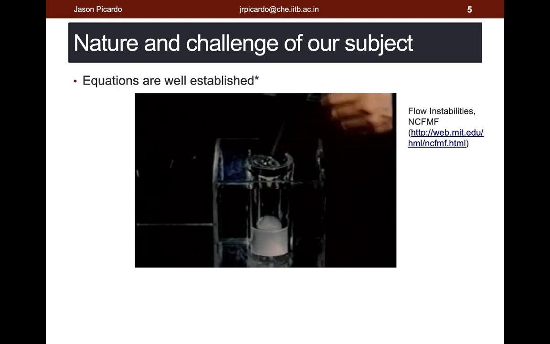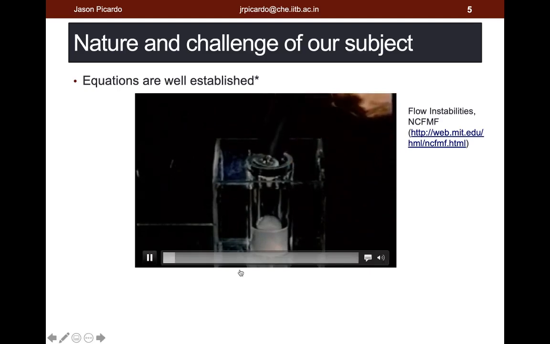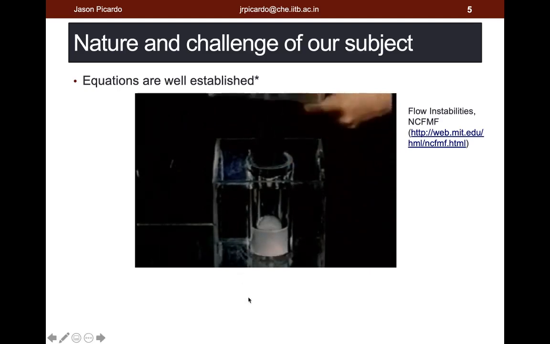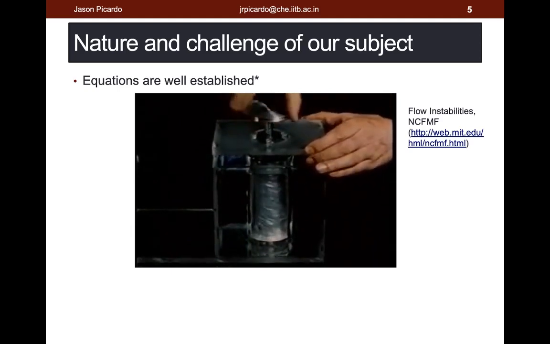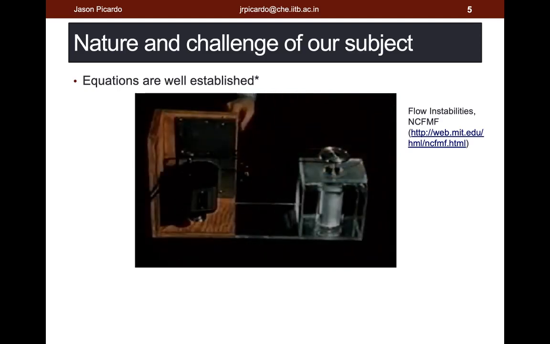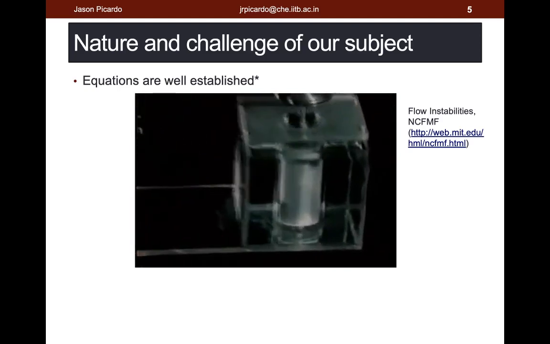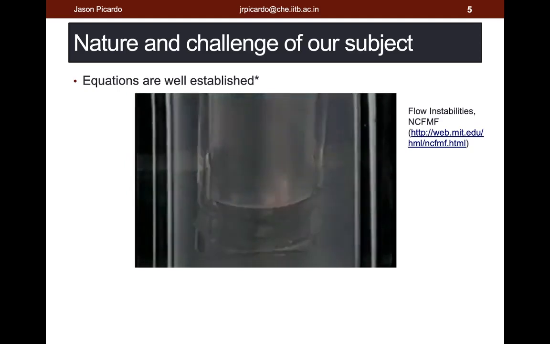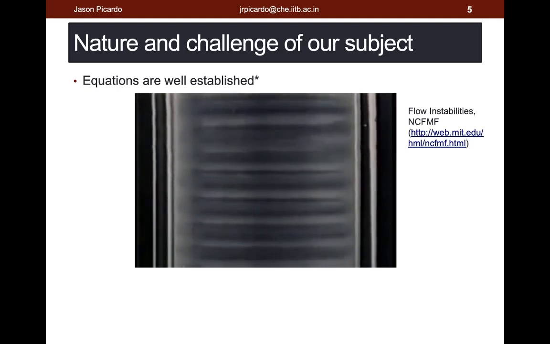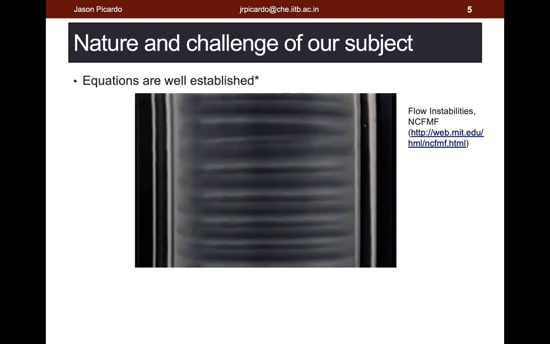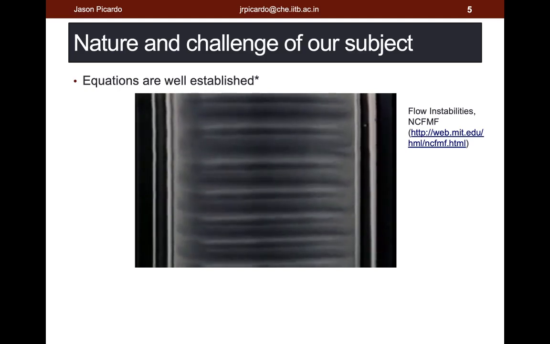Between two concentric cylinders, the inner cylinder turns, the outer cylinder is stationary. So here we see the operator is inserting this cylinder, and now he's going to switch on a motor which is going to start rotating that inner cylinder. And so for slow rotation speeds, the fluid, although you can't see it, is just moving in a laminar fashion. And now once he increases the speed, that laminar simple unidirectional flow goes unstable, and you form these toroidal vortices within which the fluid is following helical flow paths.